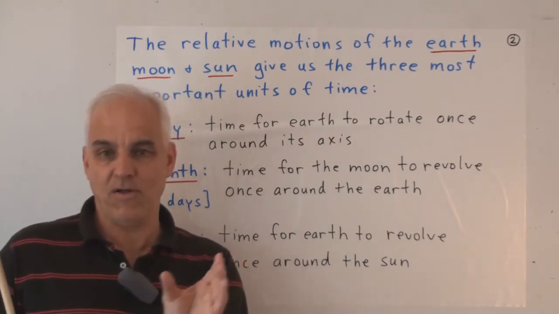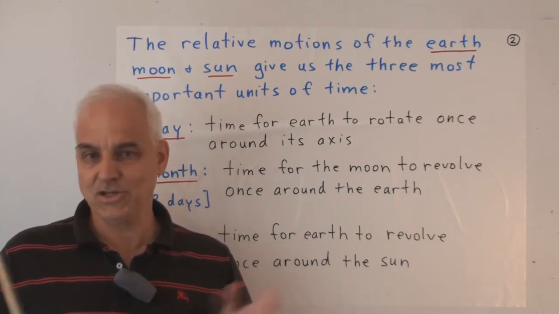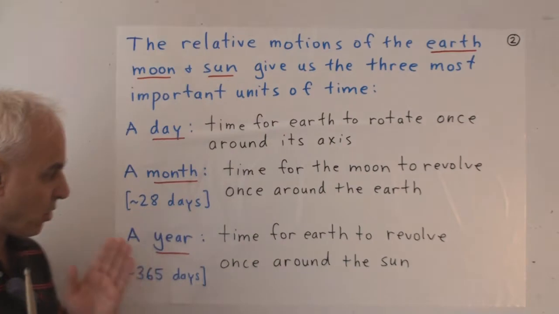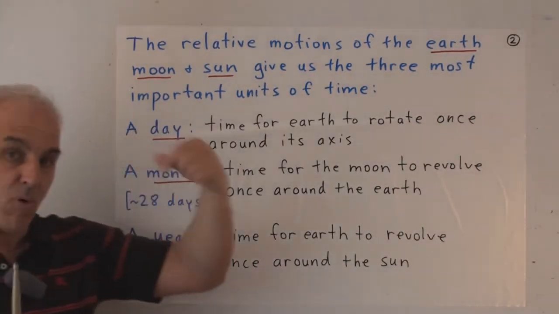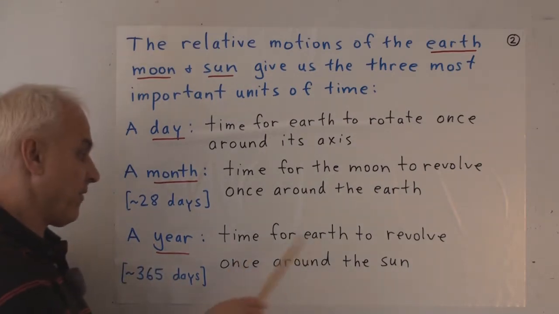You can't pack 12 real months, lunar months, into a year. And so we've modified that for our calendar. But the original notion of a lunar month, which was very important for ancient peoples, had the month at roughly 28 days.